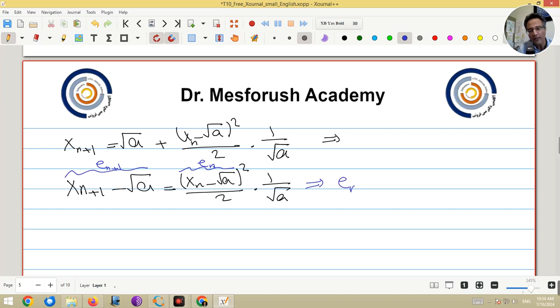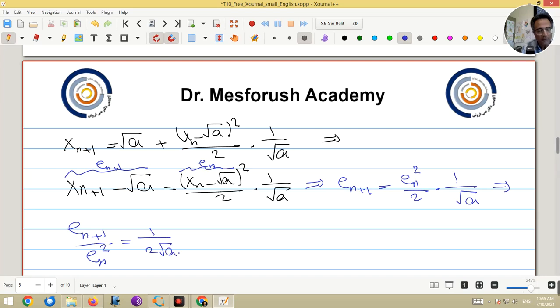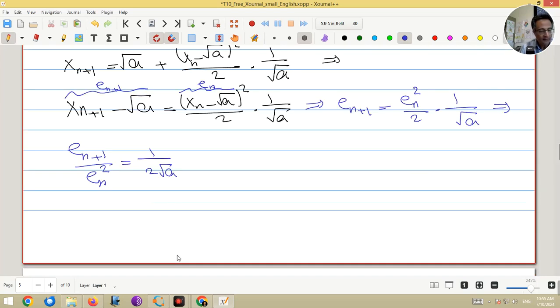It gives e_{n+1} equal to e_n squared over 2 times 1 over the square root of a. Divide both sides by e_n squared, so we get e_{n+1} over e_n squared equal to 1 over 2 square root of a.